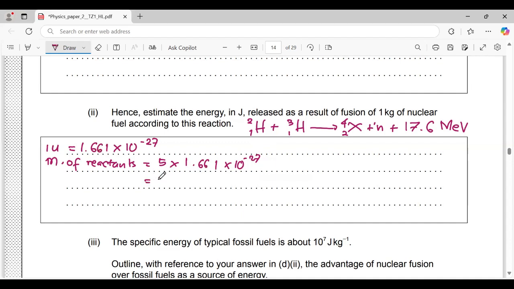The result is 8.3 times 10 power minus 27 kg. And the energy from 1 kg of fuel equals energy release over mass of reactant.